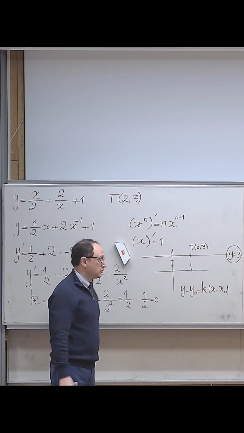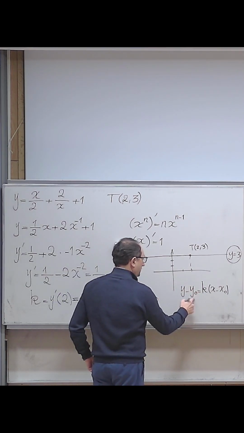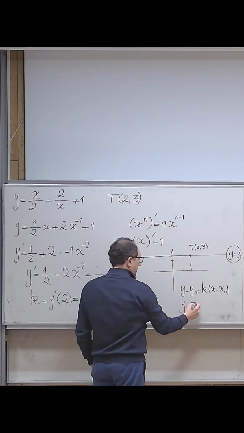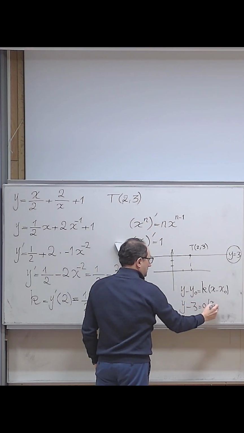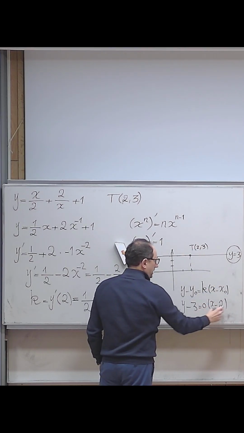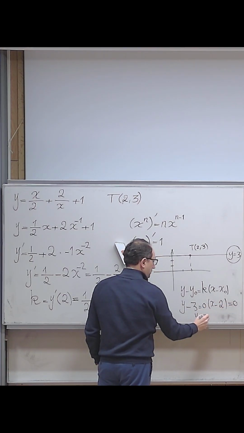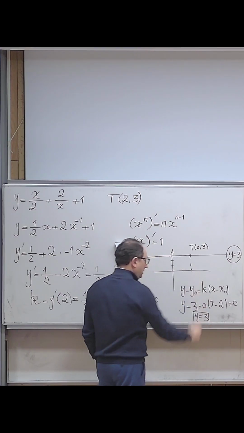We have to use those coordinates. But k is 0, so I will write y minus y naught, which is 3, k is 0, x minus x naught, which is 2, but of course it doesn't matter because multiplied by 0 it gives me 0. So y minus 3 is equal to 0. If I move 3 to the other side, y becomes 3.